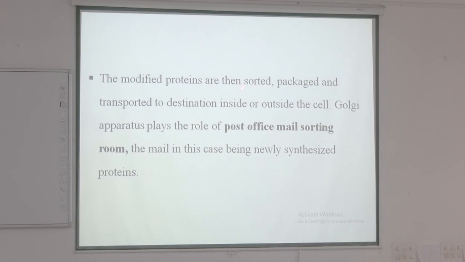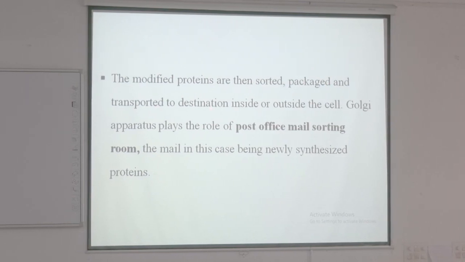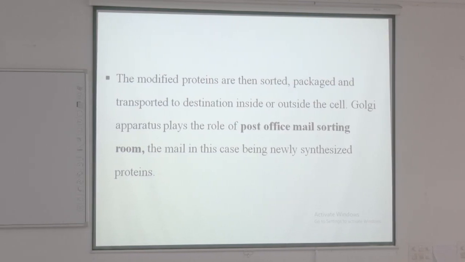The modified proteins are sorted, packaged and transported. We call all these the central dogma process. Okay? And we call these important terms post office, mail sorting rooms. You understand the term? In the smooth endoplasmic reticulum, there is a formation of different proteins.